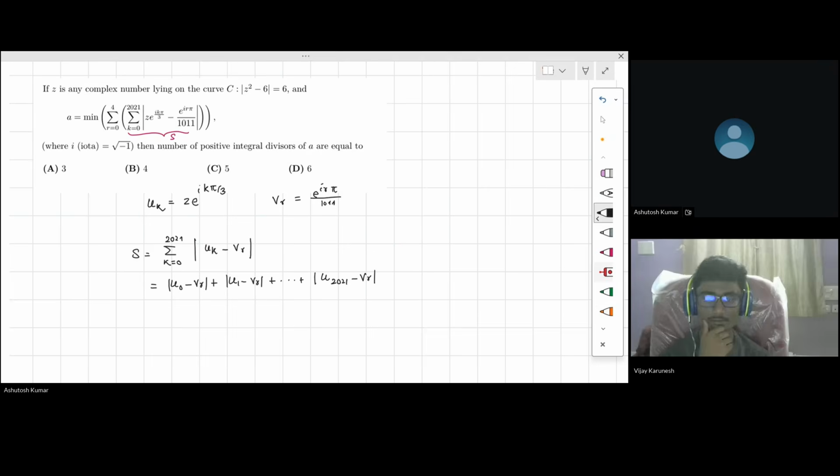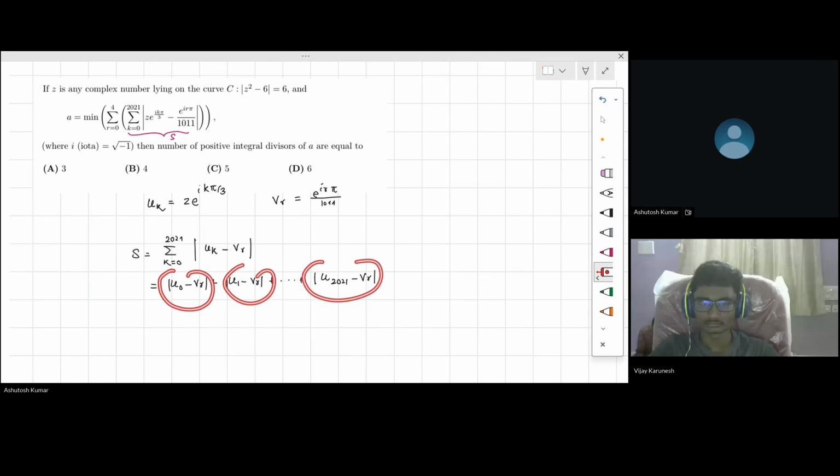And now you notice what you are doing. You are taking this as one complex number, the second complex number, third complex number, and so on. So they are the individual magnitudes of each such complex number. And by the triangle inequality, you know that the sum of the individual magnitudes will always be greater than or equal to the magnitude of the sum, correct?